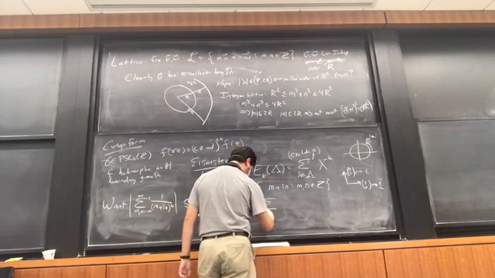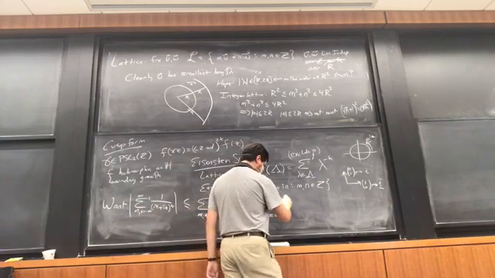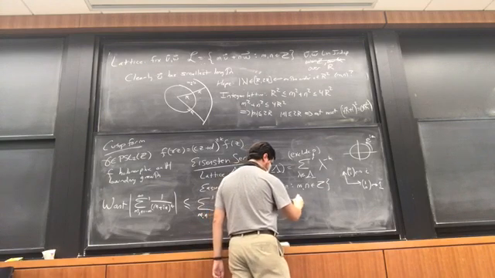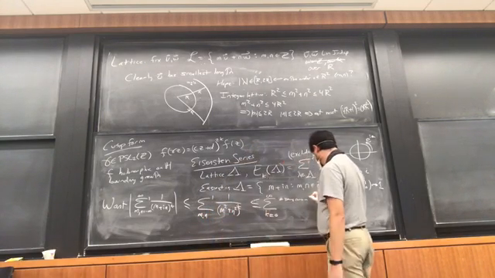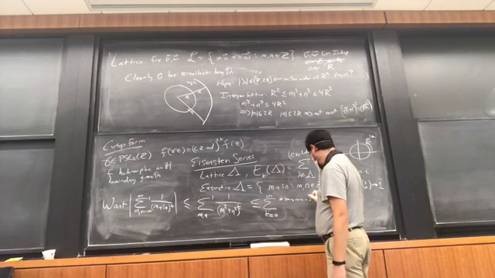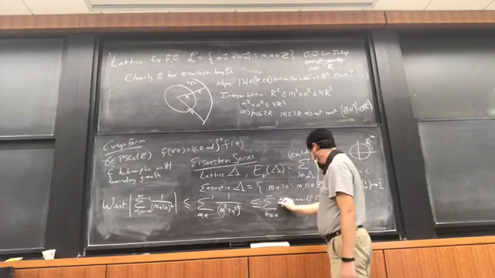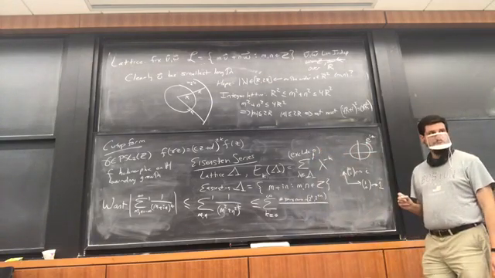There'll be a sum, k goes from, say, 0 to infinity, of the number of pairs with norm in 2 to the k, 2 to the k plus 1, divided by, and the best thing to do is to make it as small as possible.